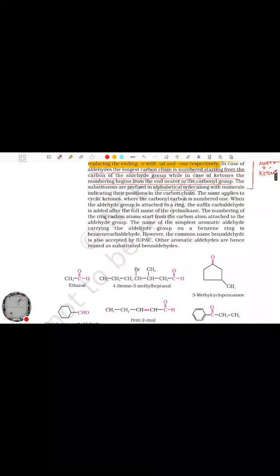So okay, now we are entering into the cyclic part. In cyclic structures, in cyclic ketones, we'll have the carbonyl carbon as number 1. When an aldehyde group is attached to the ring, the suffix aldehyde is attached to the ring.